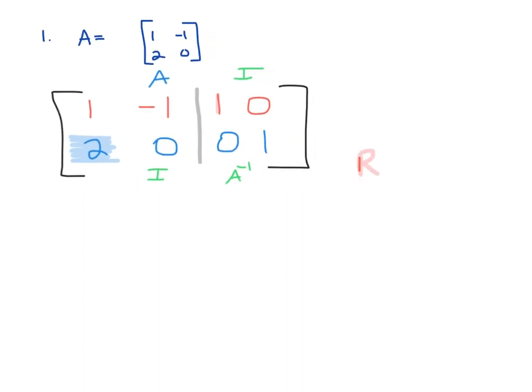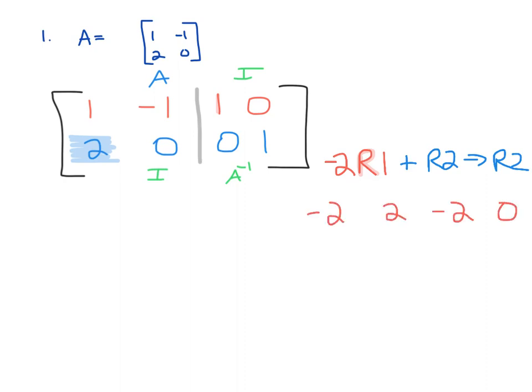I'm going to multiply row 1 by -2, and then add it to row 2 to get my new row 2. So row 1, once I multiply it by -2, I get -2, +2, -2, and 0. I'm going to add that to row 2.